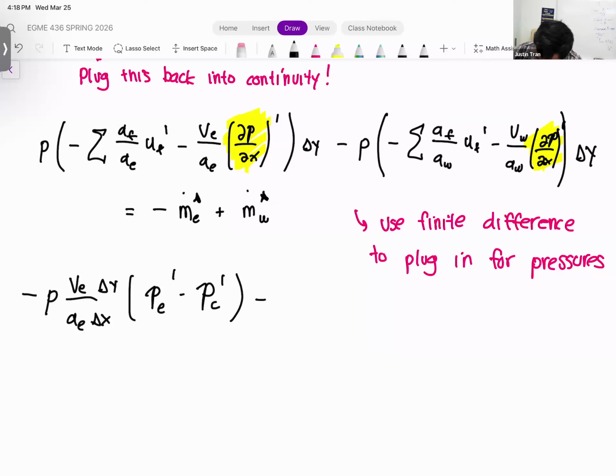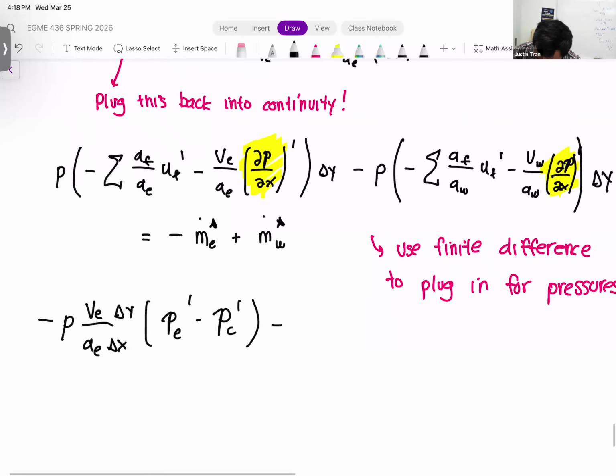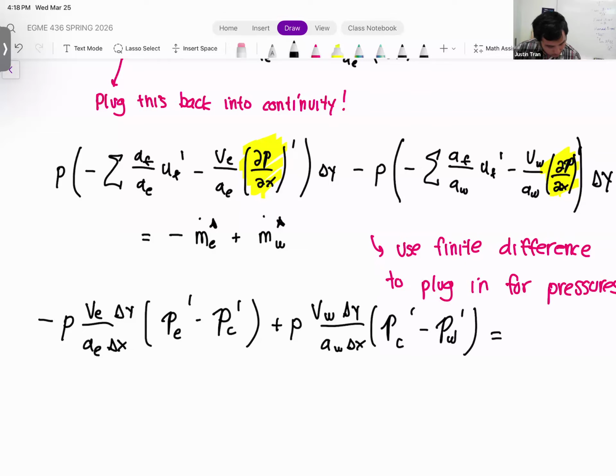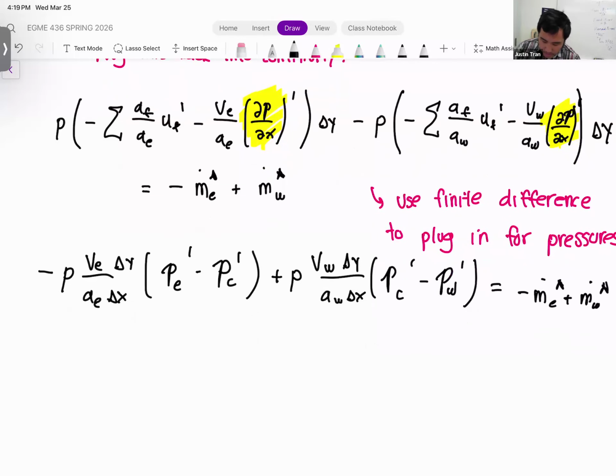Minus, there's the plus, two minuses cancel out, so plus rho VW delta Y divided by AW delta X times PC prime minus PW prime. All of this is equal to minus M dot E star plus M dot W star, plus the extra terms that come from the velocity corrections.